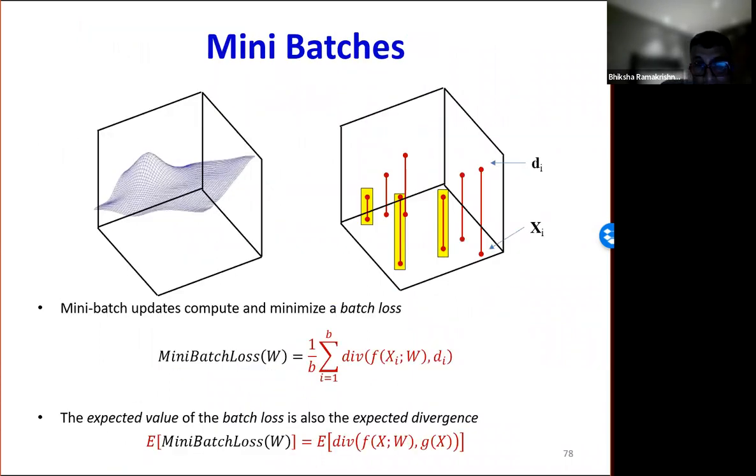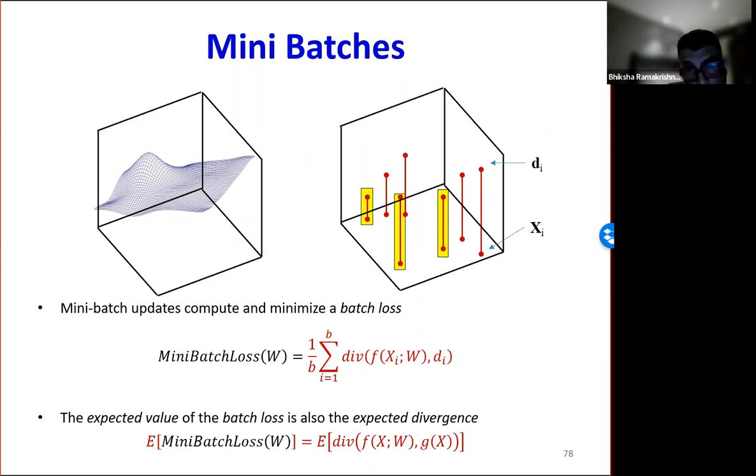Now, how does the mini batch thing work? Again, look at this. If you look at the expected value of a mini batch loss, using the same logic as before, if your mini batch is of size B, then the expected value of the mini batch loss is also the expected divergence. So in expectation, a mini batch loss is the objective function you want to minimize.